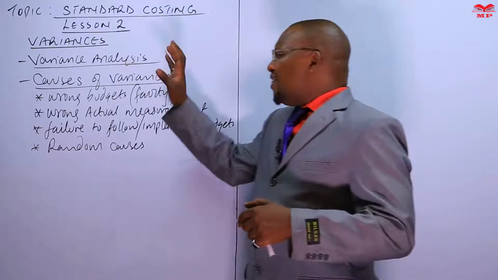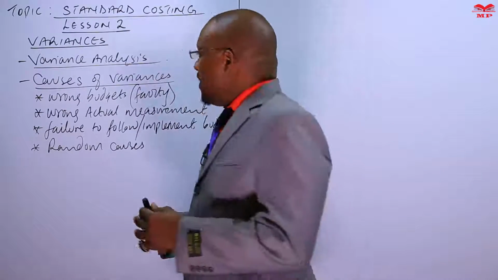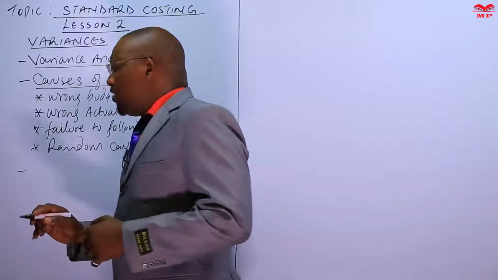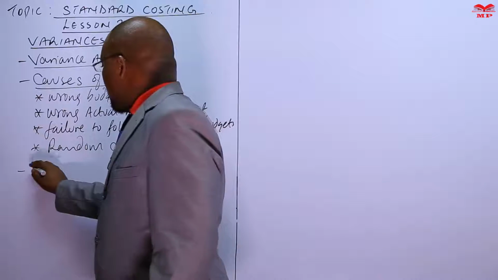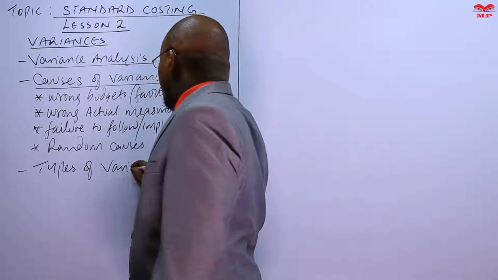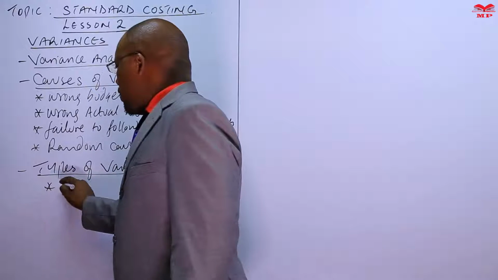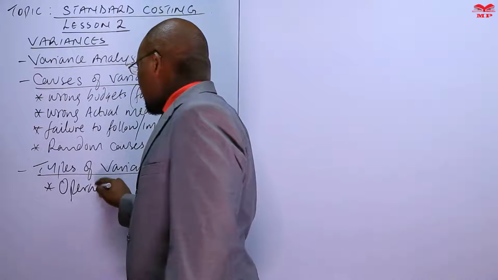So these, among others, are the major causes of variances. Now, coming to the types of variances, we are going to look at what we call the operational or operating variances.